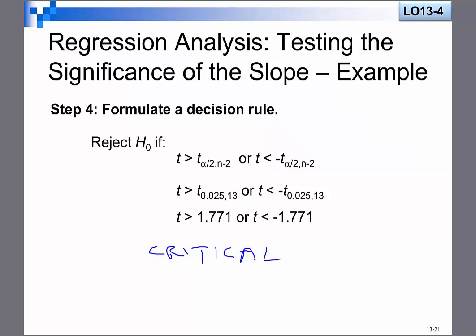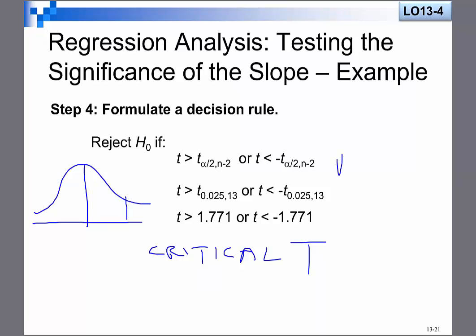The critical T, that critical number, as always, establishes our rejection region. We can't ever get away from that, and we can't really say it too much. Because if we are trying to establish a rejection region, we first have to have our critical values.